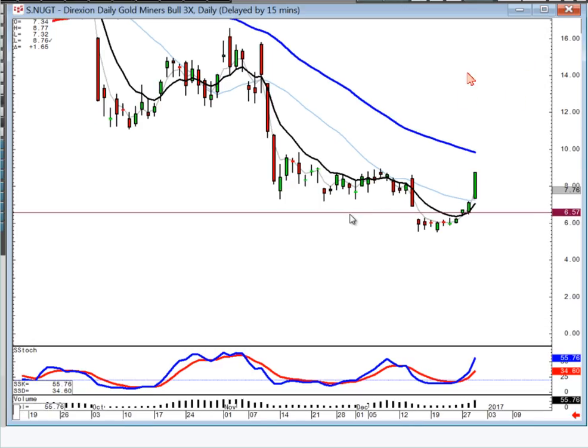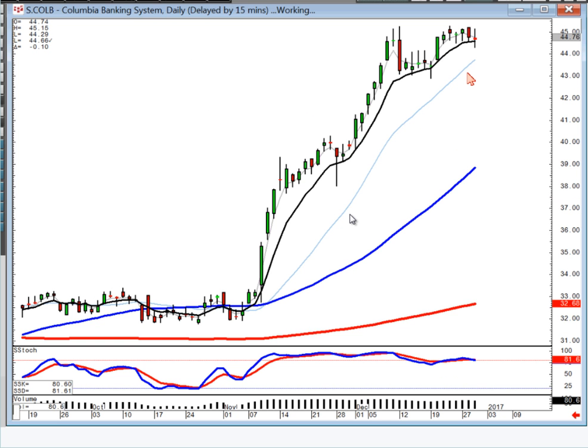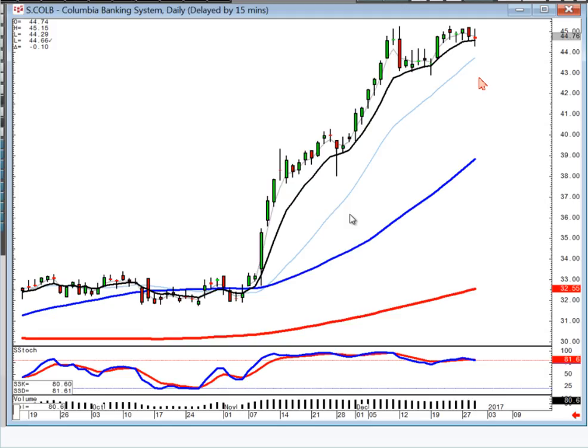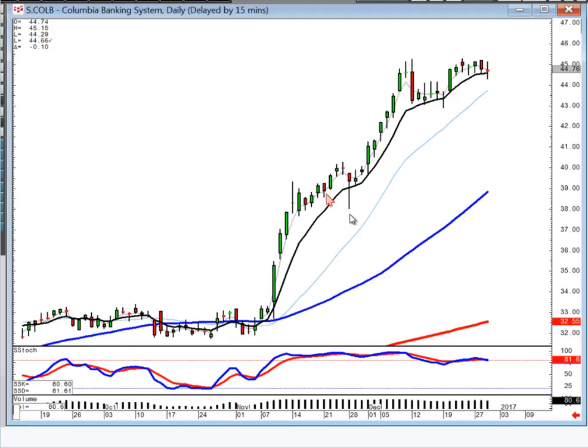There should be a strong slingshot effect to the upside. So if I was buying tomorrow, I'd be very conscious of what happens if I hit the 50-day moving average. So here's another one that you can stay long as it stays above the T-line. However, you also have the visual recognition of when things are starting to get a little bit soggy.